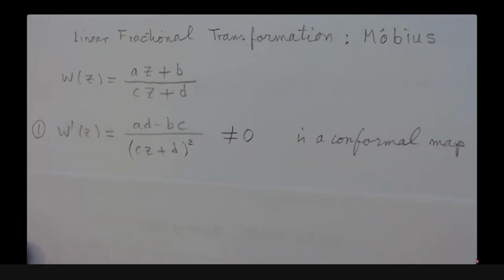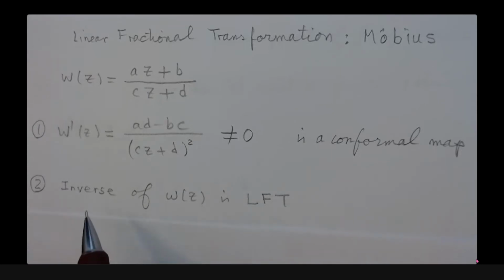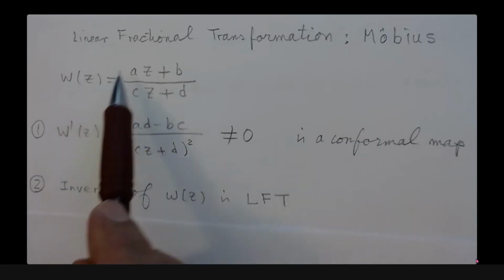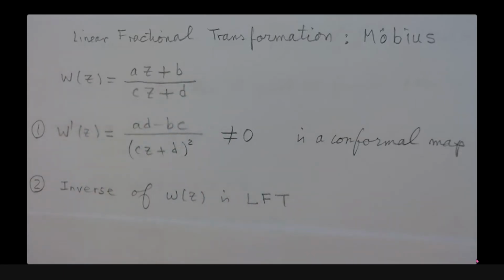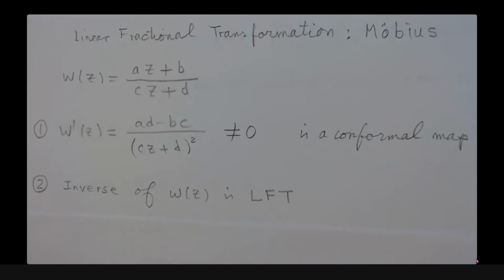Okay. Now, the next observation is, what about inverse of this function? If you call this one W, in college algebra, you learned how to find inverse of this function. You simply multiply out, right? Cross multiplication, and solve this one for Z. So bring this AZ here and DW the other side. And if you factor Z and solve it for Z, this is what you get.